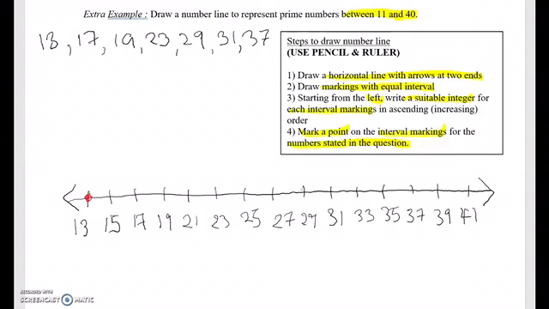I'll draw a dot on the interval 13, another dot to mark the marking for number 17, for number 19, 23, 29, 31. And the last one is 37.